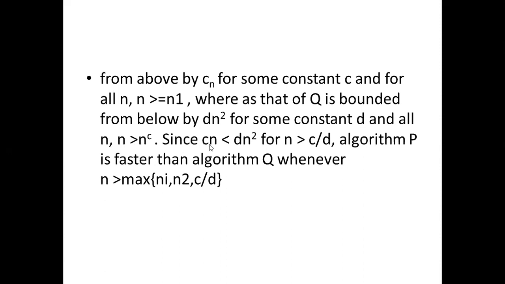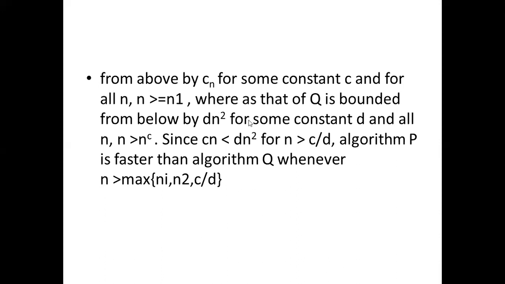Since Cn is less than dn square for all n greater than c by d, algorithm P is faster than algorithm Q whenever n is greater than maximum of n1, n2, and c by d.